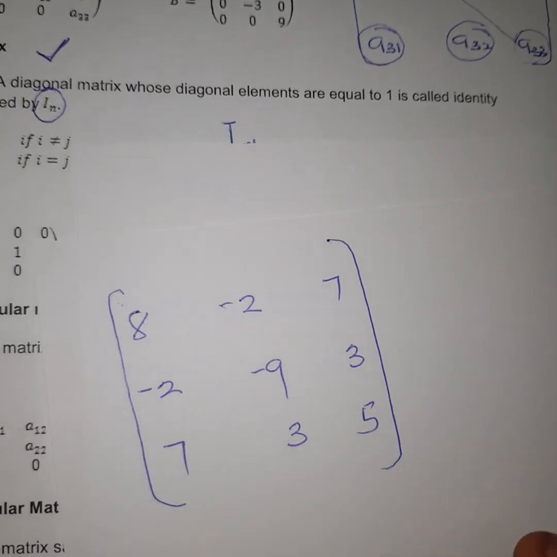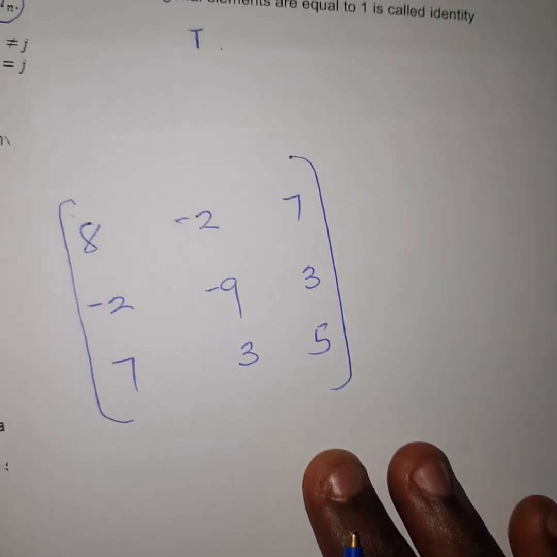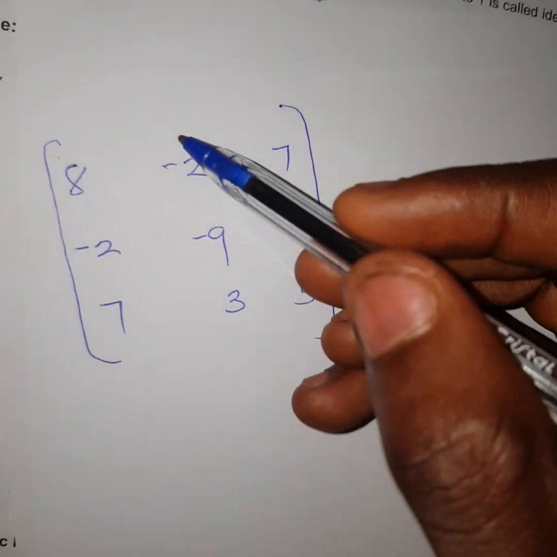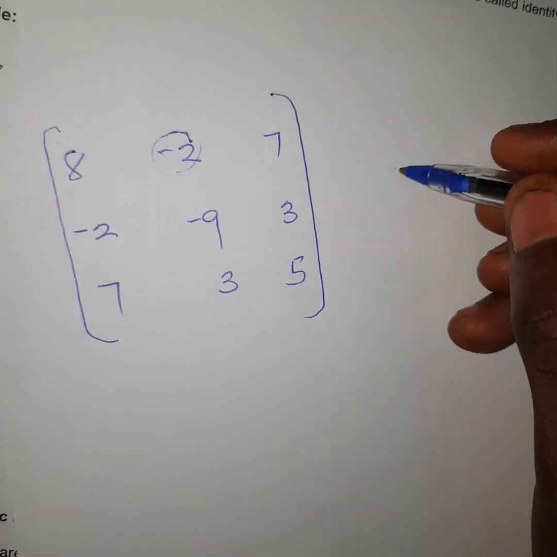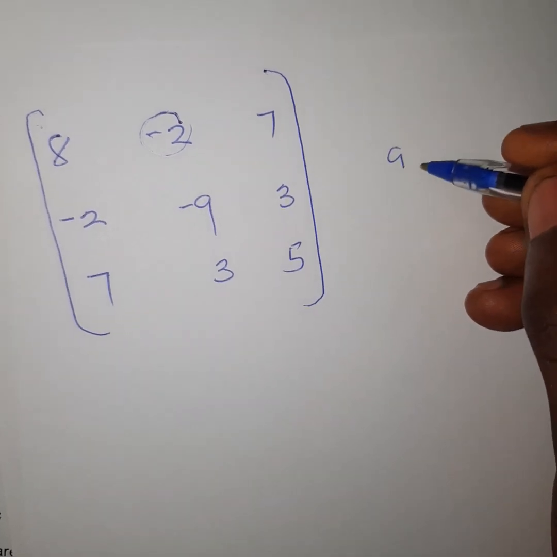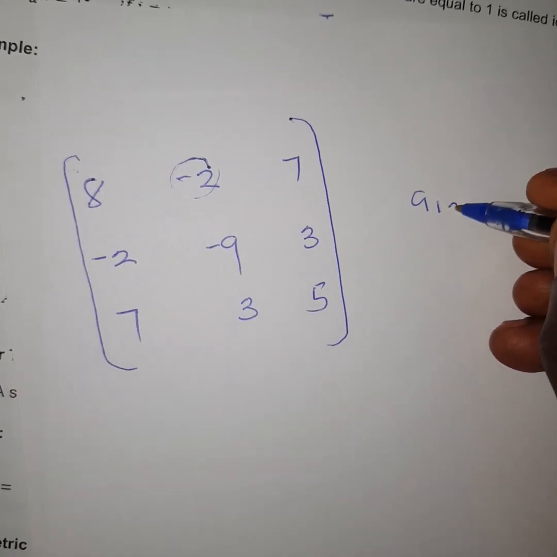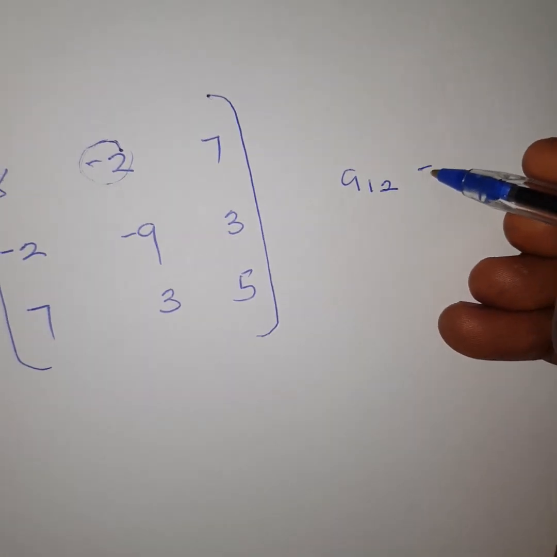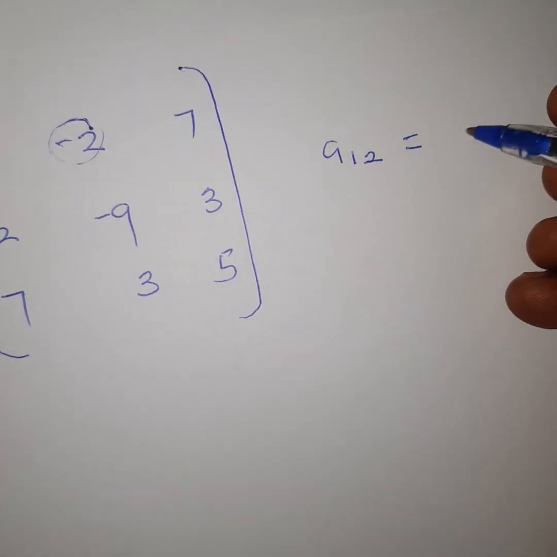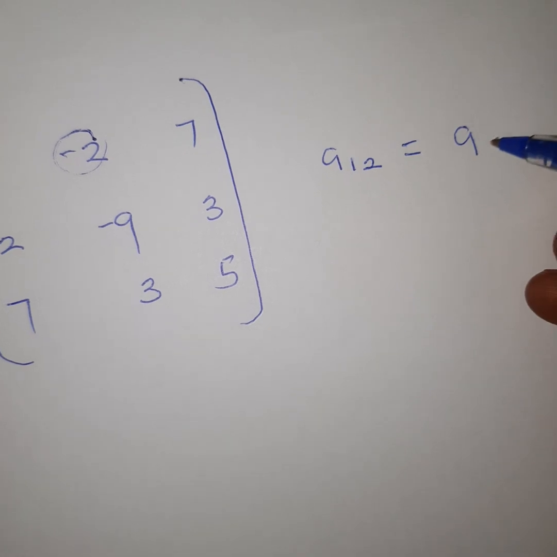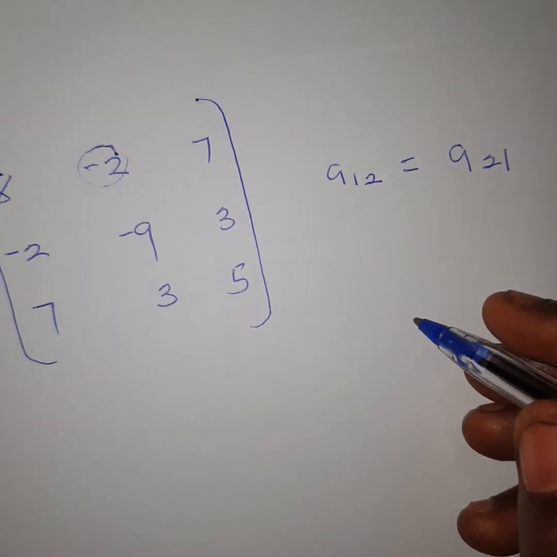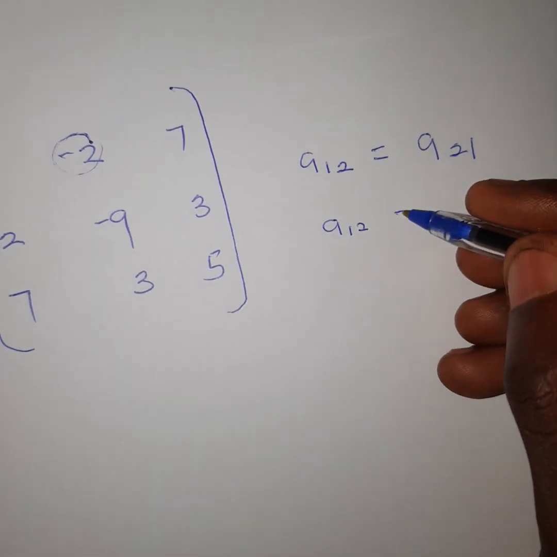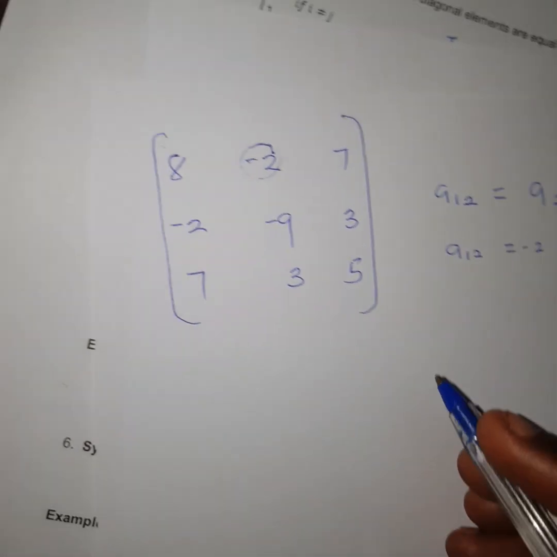Let's first pick this 2, which is A12. We said that A12 should be equal to A21. A12 here is -2. What is A21?